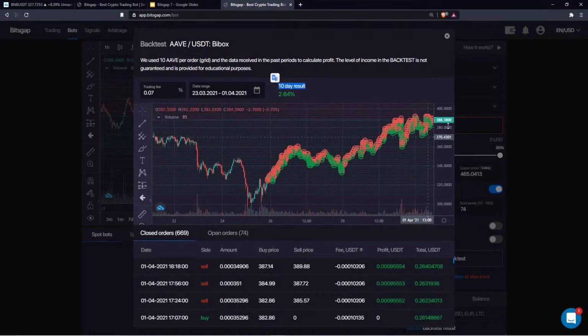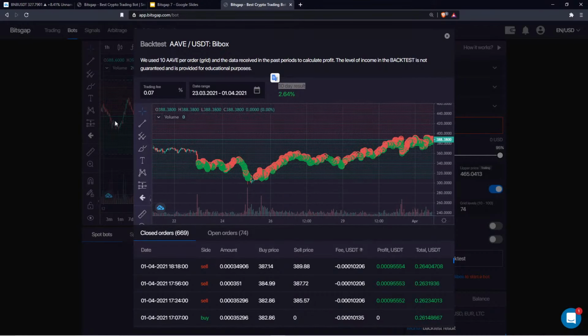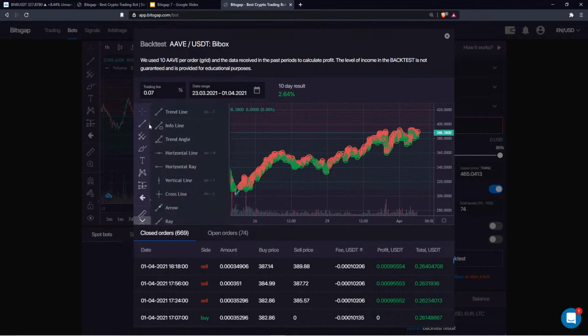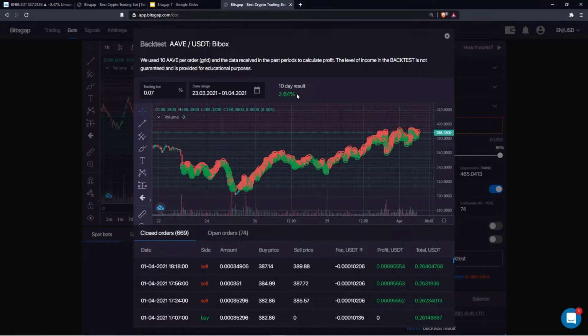So you say with this trading configuration that we set here on the chart, the system would make you 2.64% in quote currency. The thing is that the backtest system does not take into account the value change of the base currency. If it would take the value of the base currency, then you would see the result slightly higher, because notice that the price has appreciated during this period.